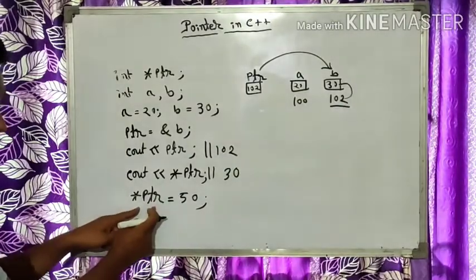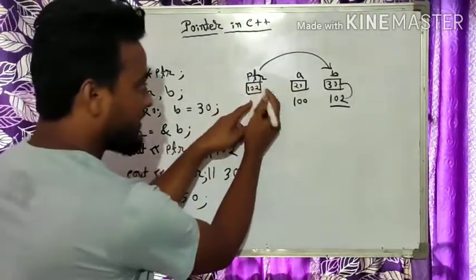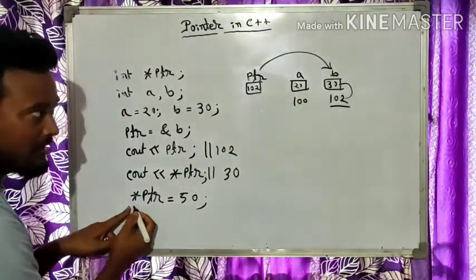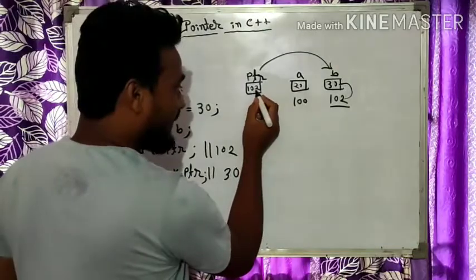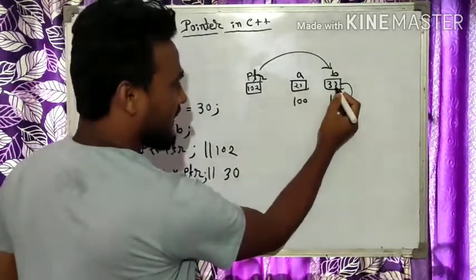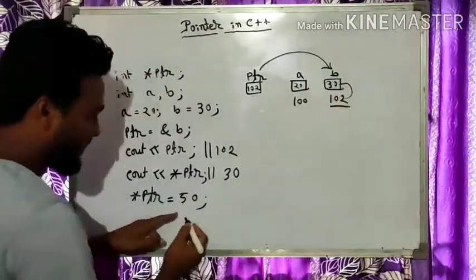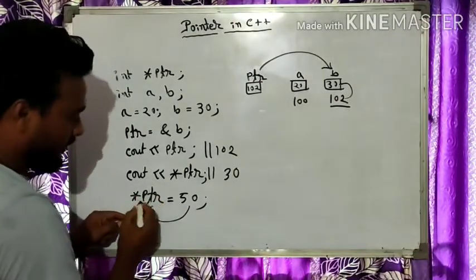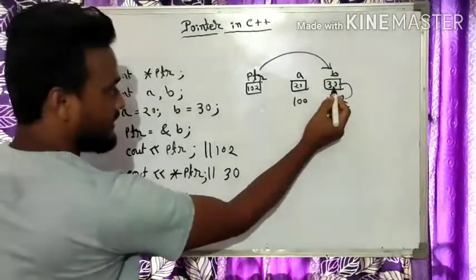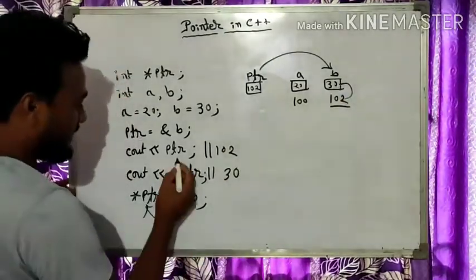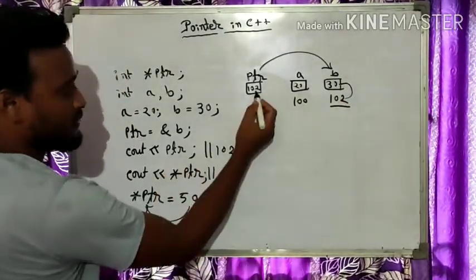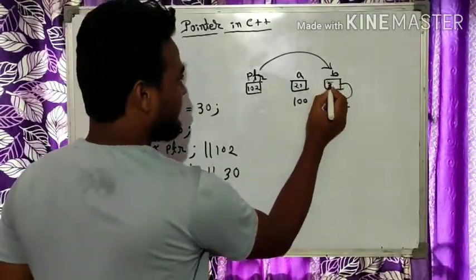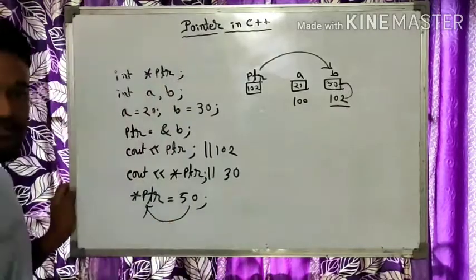The value of ptr is 102, and when you use this star operator, it means the actual content under this address, which is 30. This 30 will be replaced by 50, because 50 is assigned to the content. The asterisk ptr represents this 30, and ptr represents 102. Remember that. So this 30 will be replaced by 50 after executing this statement.